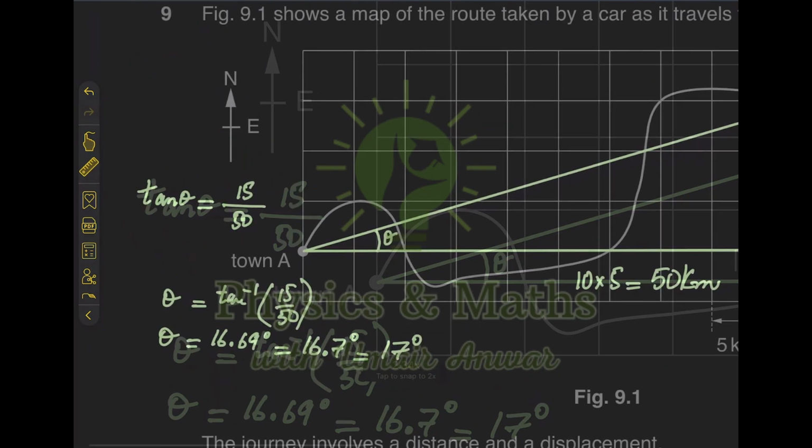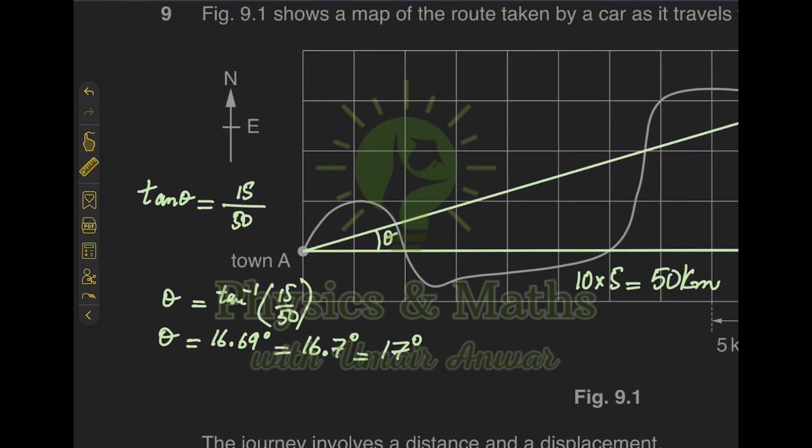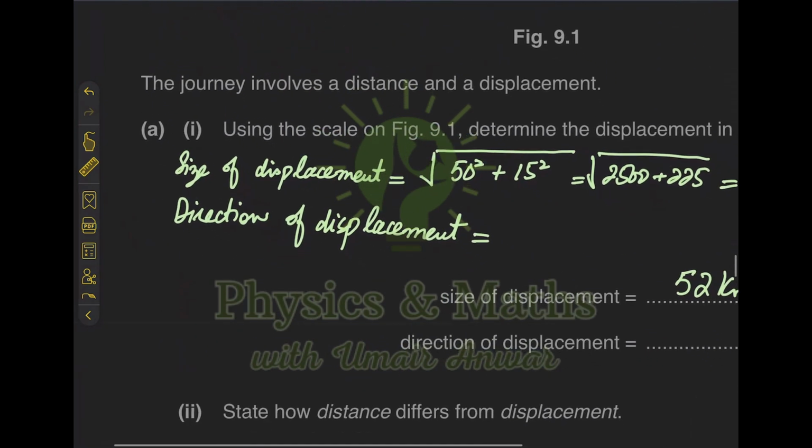Now the direction of displacement, the directions are normally measured from North Pole. So this gives us the bearing of a vector also. So since this angle is 17 degrees, I'm going to subtract it from 90 to find this angle, which will give us the direction of the displacement.